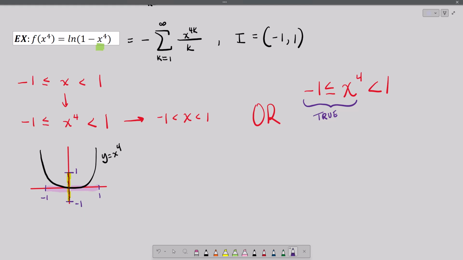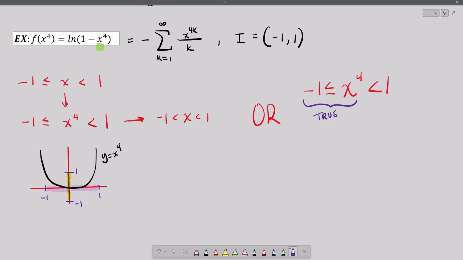This is a compound inequality, so both sides have to simultaneously be true. The left side is always true. Is there any disagreement with that or any question on that? No matter what you plug in here, you plug in 0, 0 is greater than or equal to -1. That's true. Plug in 10, 10 to the fourth is bigger than it. Any positive number is bigger than -1.